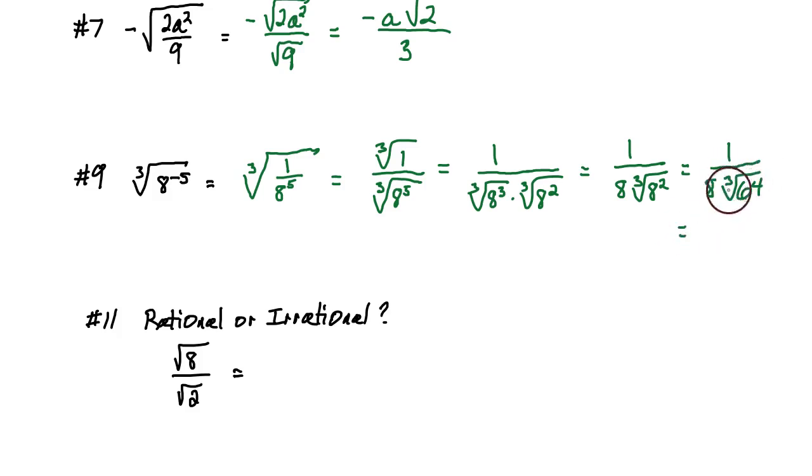What do you get when you evaluate the cube root of 64? That makes 4, because 4 to the third power is 64. And so the final simplified version is 1 over 32.